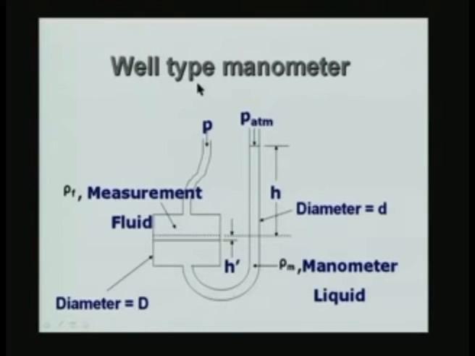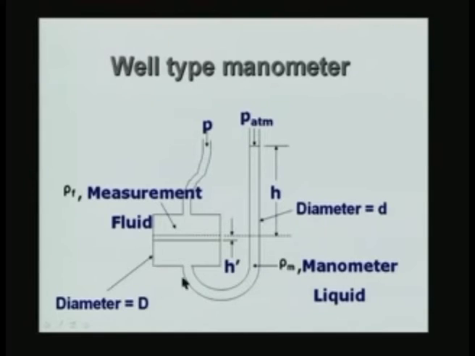In the case of the well type manometer, the reservoir or well has a diameter equal to capital D, which is larger than the diameter of the tube, small d. For example, small d could be a few millimeters and capital D could be a few centimeters, so a factor of 10.